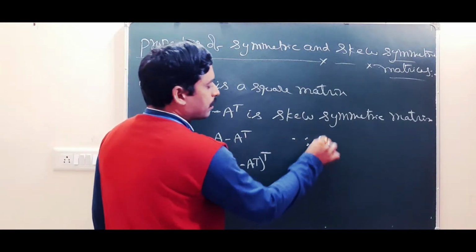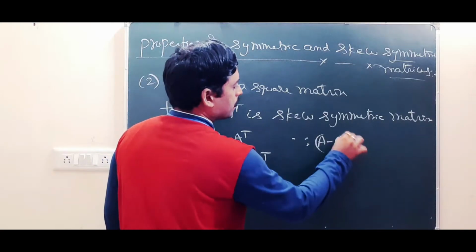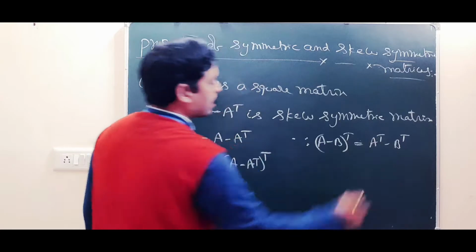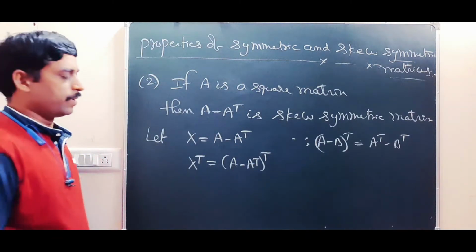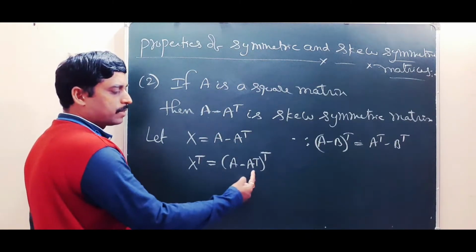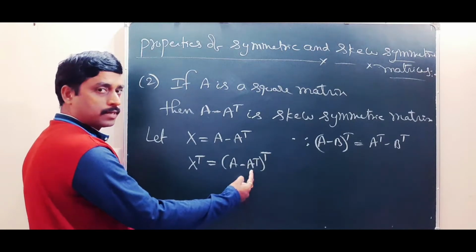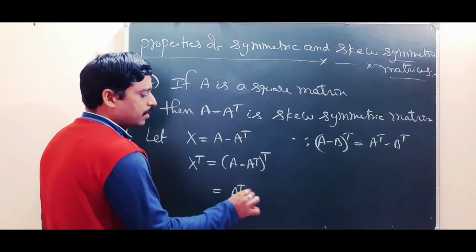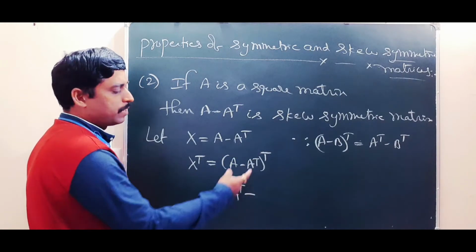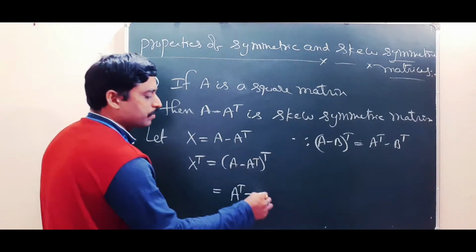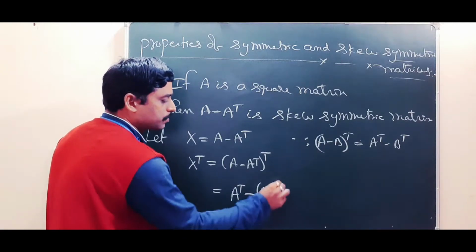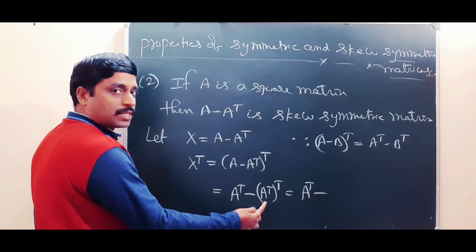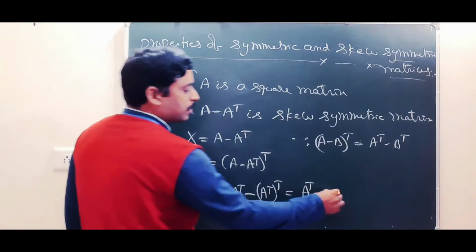We have (A minus B) whole transpose equal to A transpose minus B transpose, where B is replaced by A transpose. So it will be A transpose minus (A transpose) whole transpose, which is nothing but A.